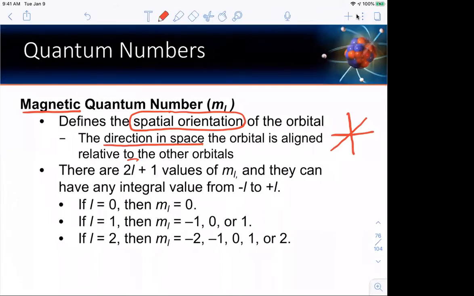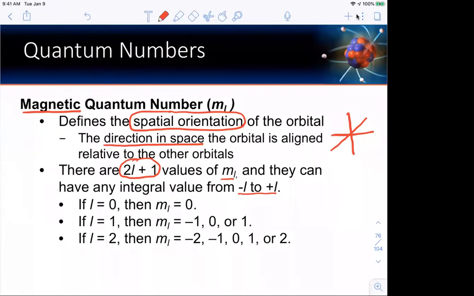Now, there are 2L+1 values of m sub L. I don't really use these formulas to calculate them. I just want to understand what's happening. So they go basically from -L to +L.